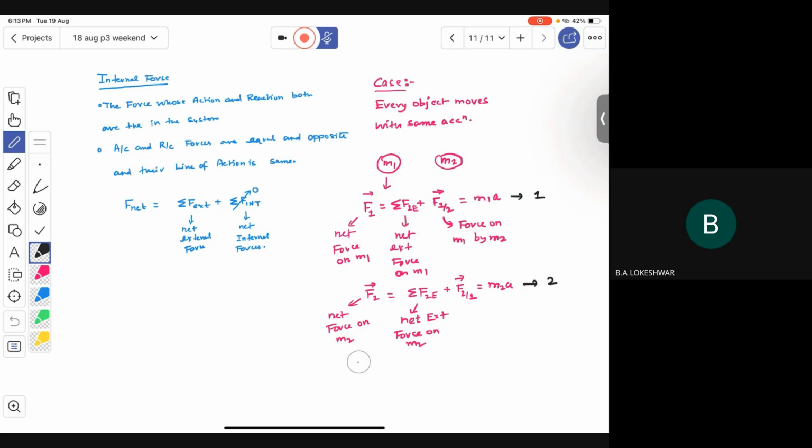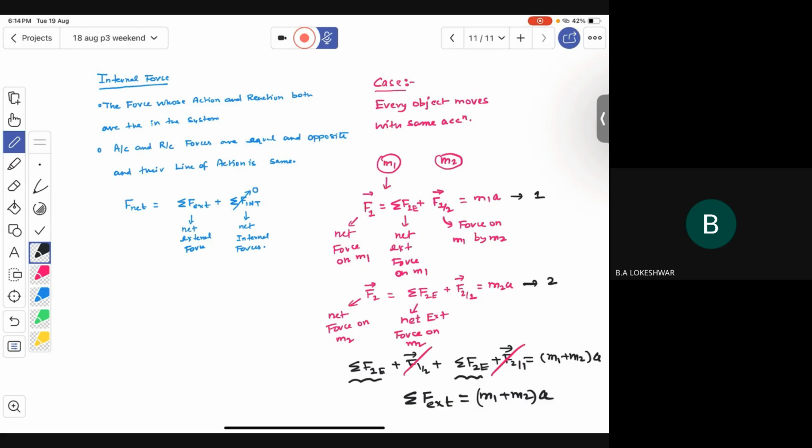Then adding them, the summation of F1E, the net external force on 1, plus F12, and the net external force on 2, plus F21, is equal to M1 plus M2 into A. F12 and F21 are equal and opposite, so these two cancel. What we end up with on the left side is the net external force on 1 plus the net external force on 2, together the net external force on the system, and that equals M1 plus M2 into A.